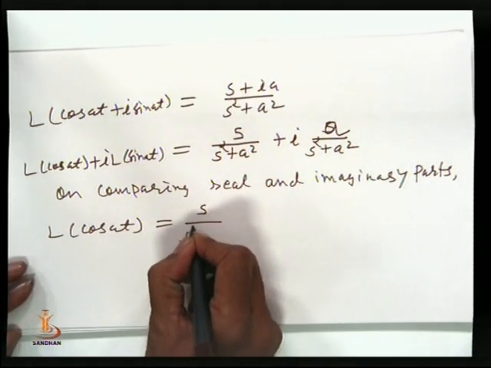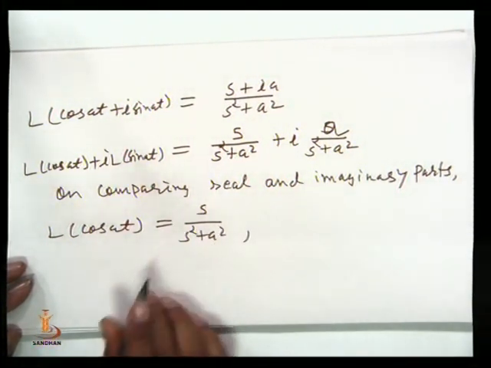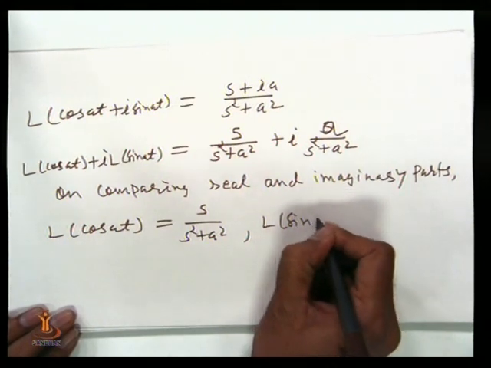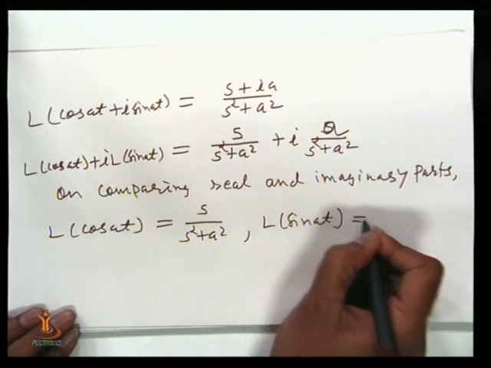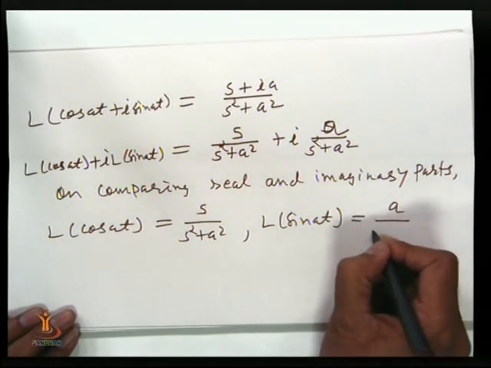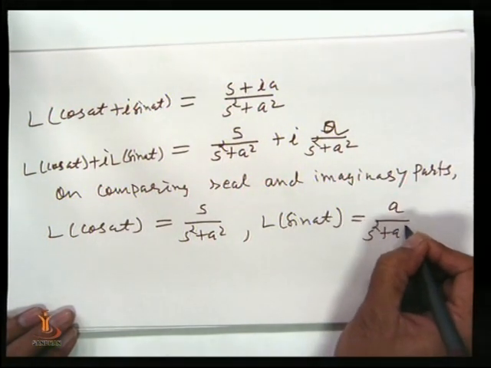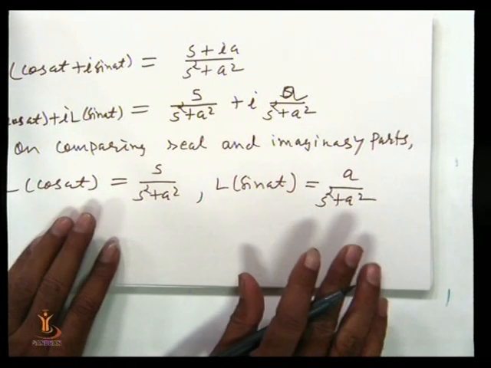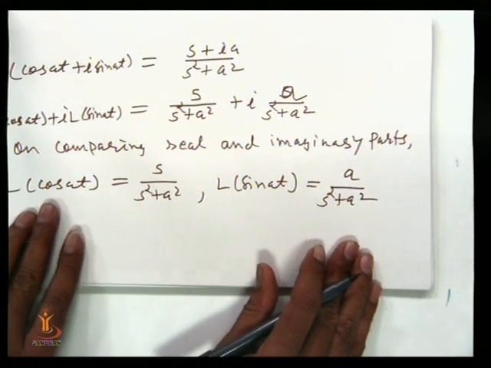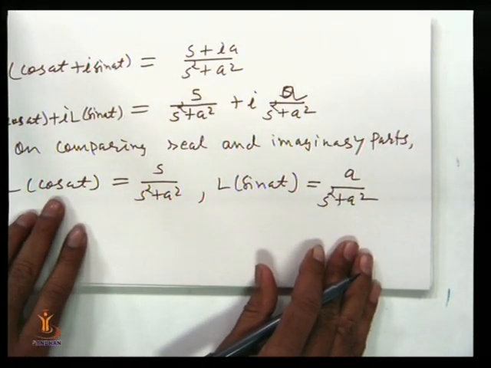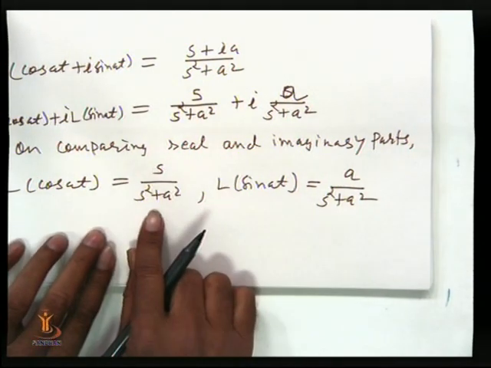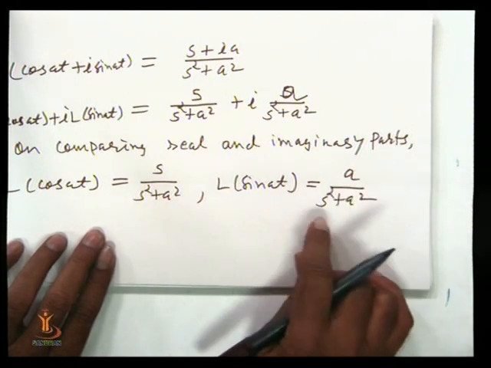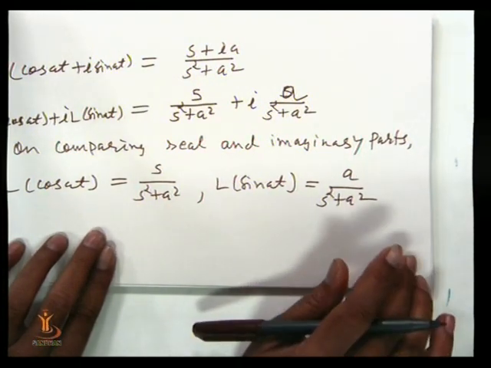And second formula, Laplace of sin at equal to a upon s square plus a square. So we have derived another two Laplace transforms: Laplace of cos at equal to s upon s square plus a square, and Laplace of sin at equal to a upon s square plus a square.